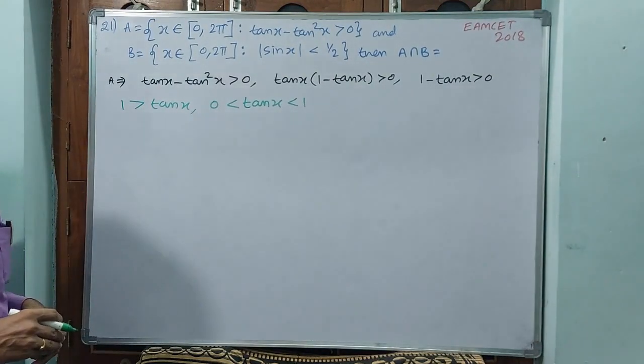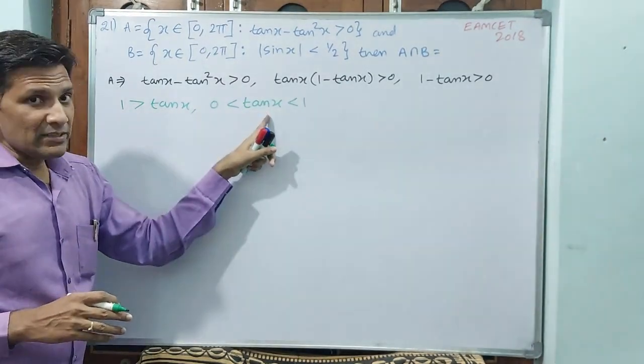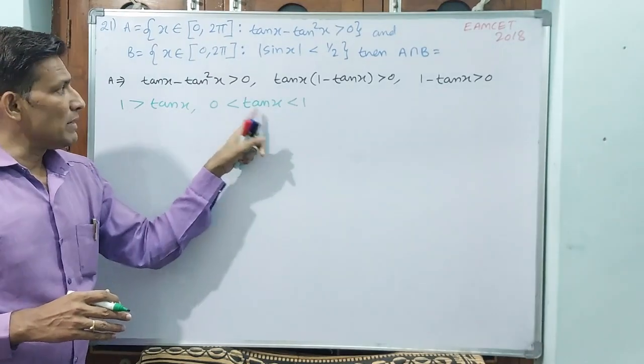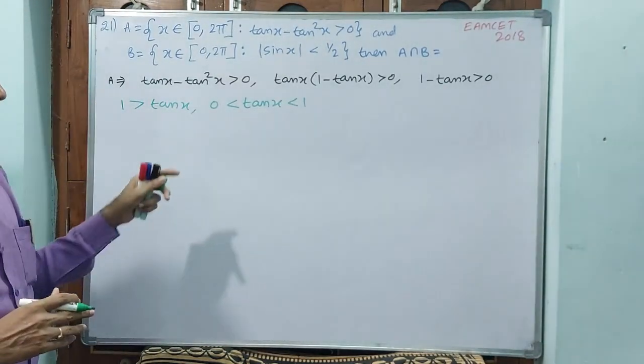We want the x value, not the tan x value, but both sides 0 and 1 are there. How are you going to find it? Observe how I am tackling.